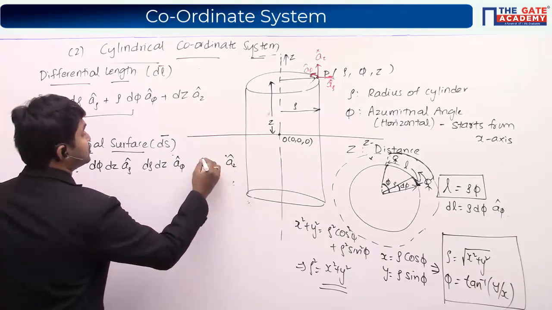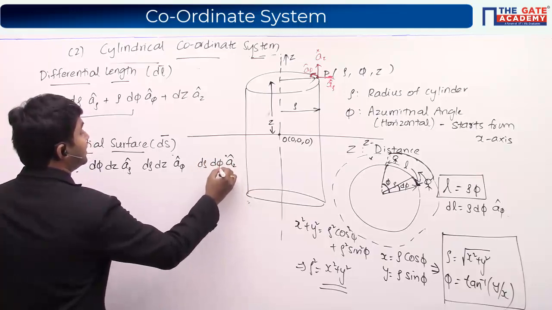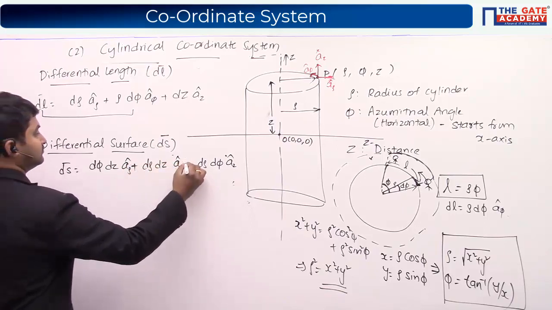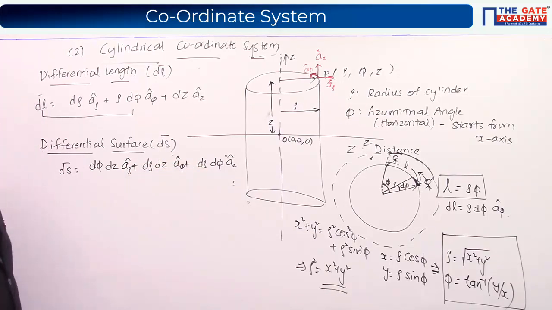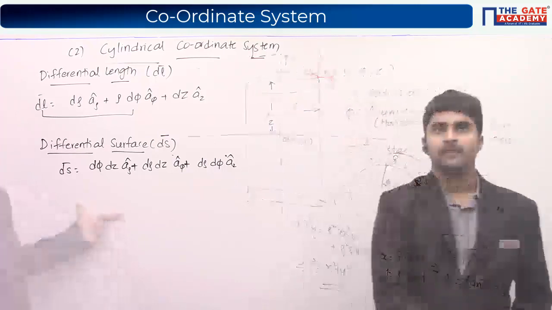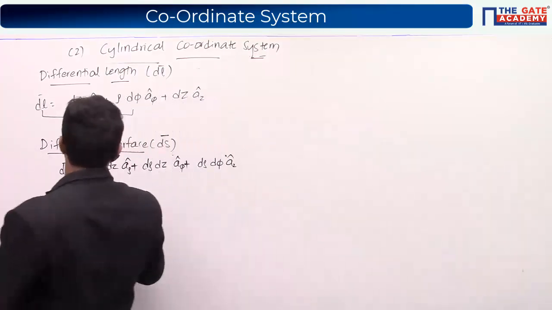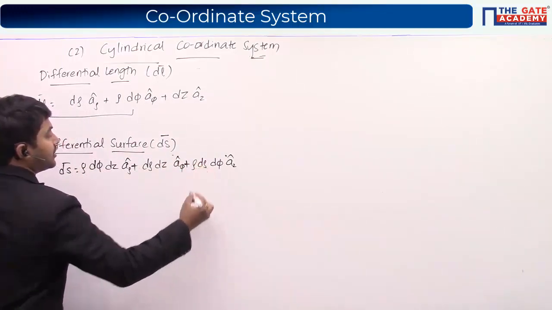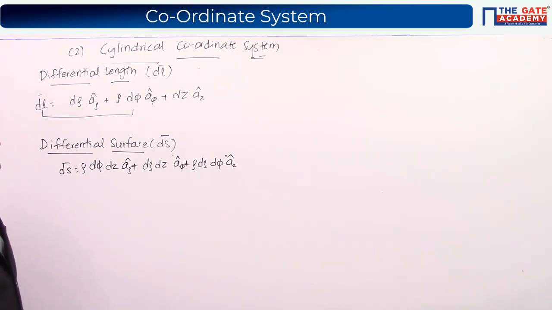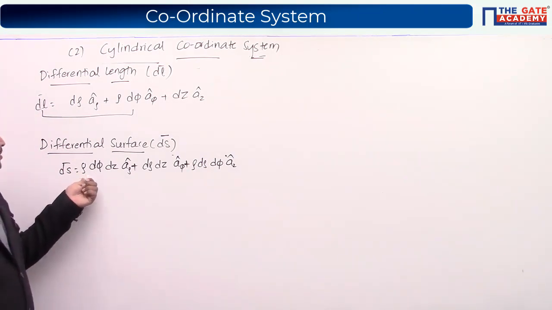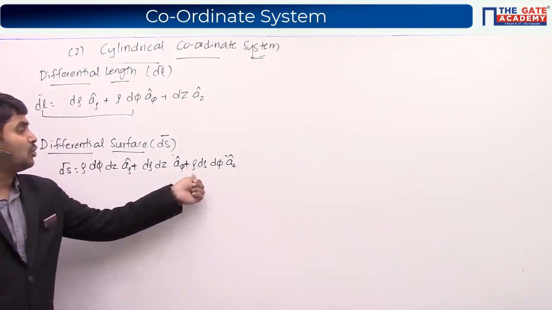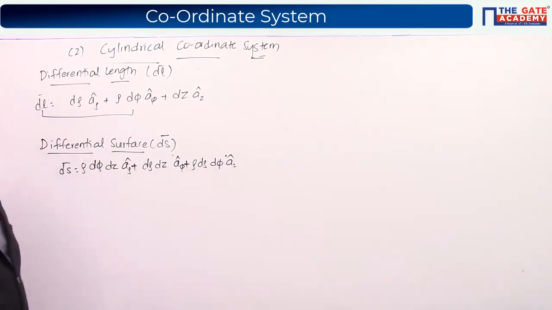When I am talking about the z direction, I will see the change in the remaining two coordinates. Is this fine? No, it is not fine, because every time you have phi, we should always keep the radius along with it. So it becomes rho d phi dz a rho, d rho dz a phi, rho d rho d phi az. So this is what we call the differential surface.